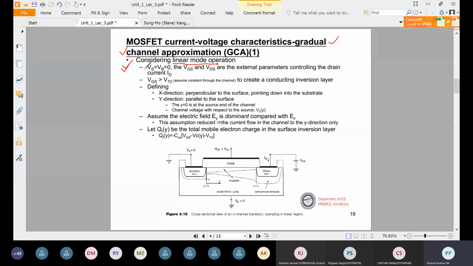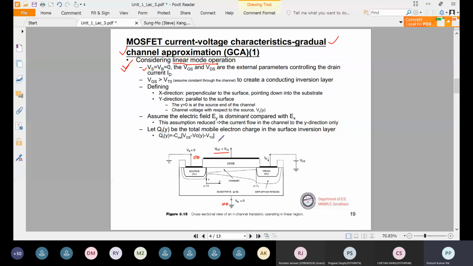For the basic analysis, we take the source voltage Vs equal to the body voltage Vb equal to 0, so the source and body terminals are both at 0. The drain voltage is connected to a positive voltage, and the gate voltage is greater than the threshold voltage.